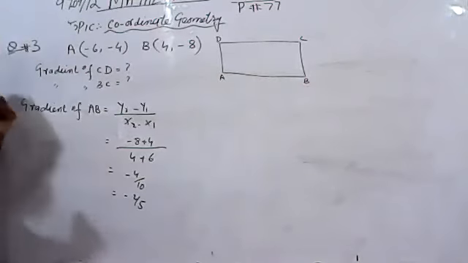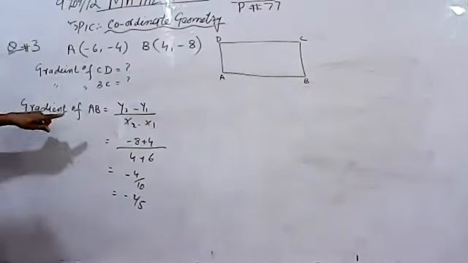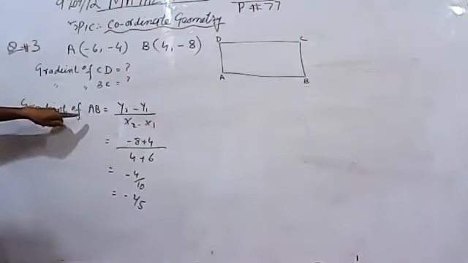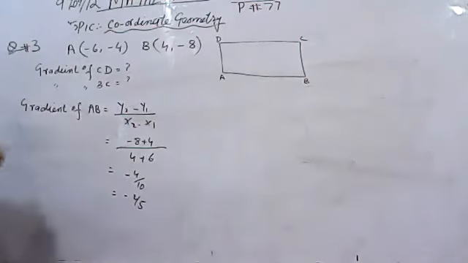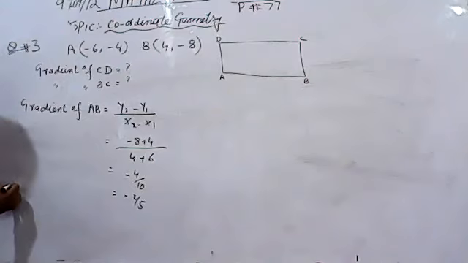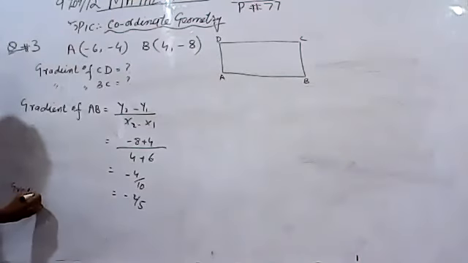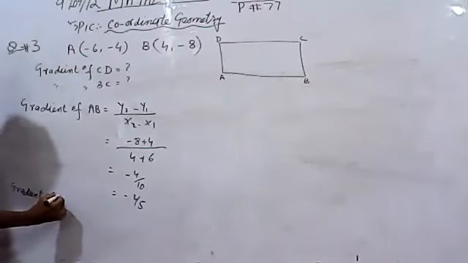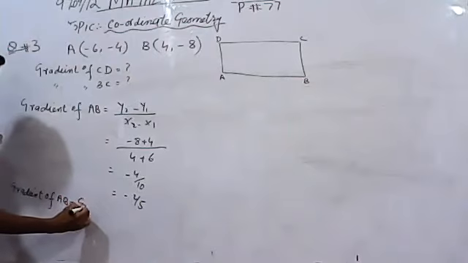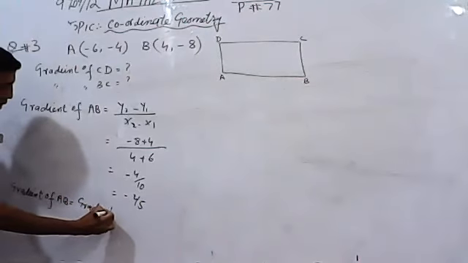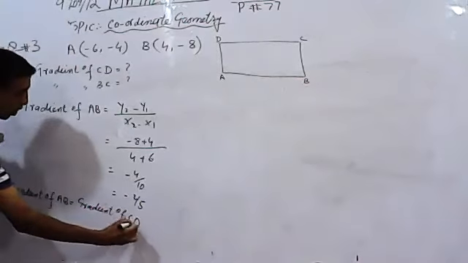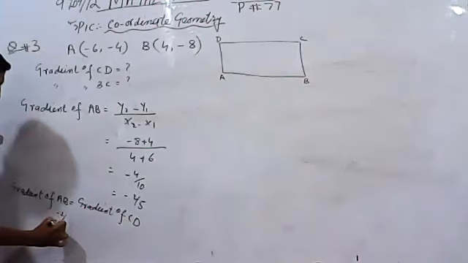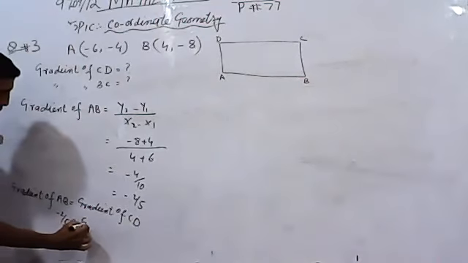But here you have to mention why you have kept equal the gradient of AB and CD. Gradient of AB is equal to gradient of CD. So the answer would be minus 2 by 5.